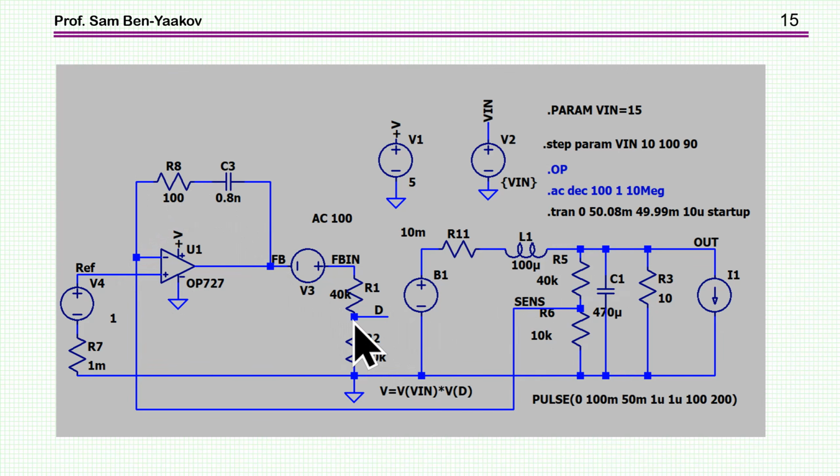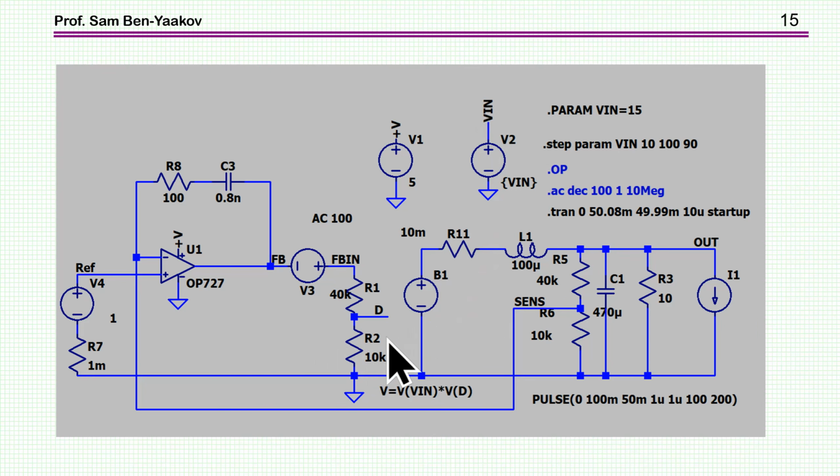This is not a switching signal, but an average value of the duty cycle. And then I have here a multiplier of this average duty cycle times V in, that is the input voltage. So we see here not the pulsating waveform, but rather the average values of these waveforms.